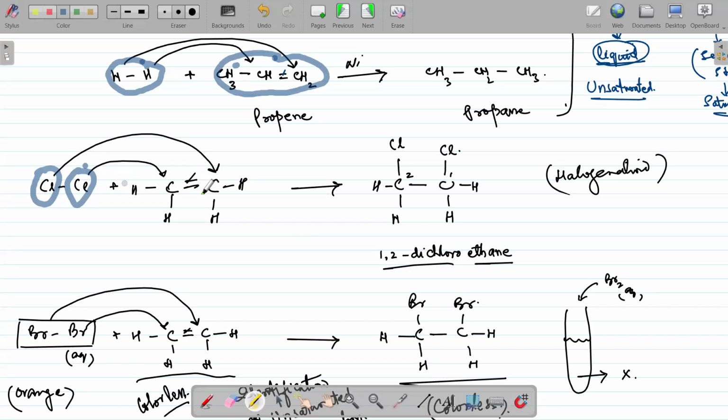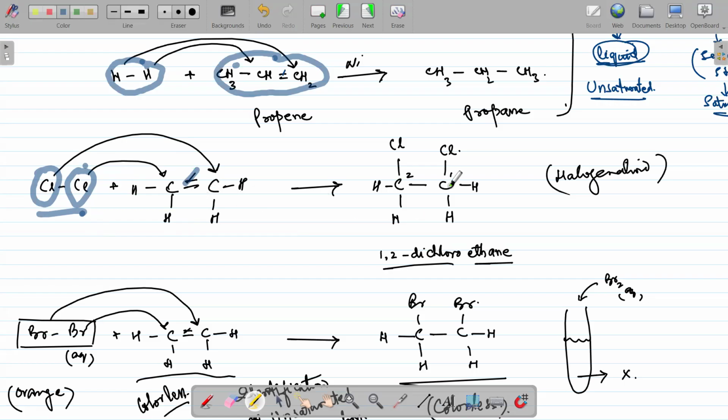So the addition reaction of these alkenes with halogens. As you can see, one of the bonds will break and a chlorine atom attaches to both carbon atoms.